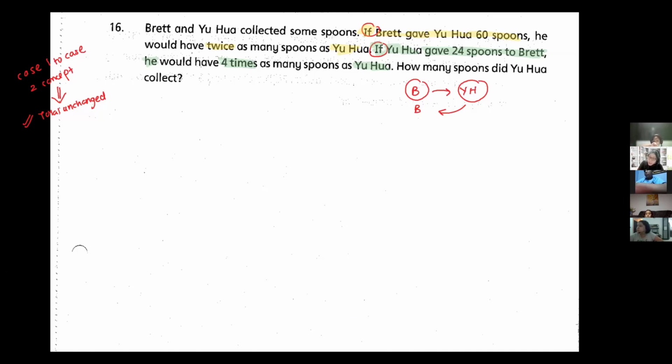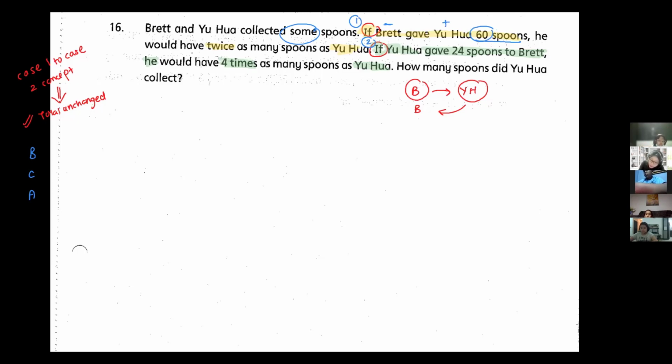Now let's identify the keywords. For the total unchanged concept, you need your before, change, and after. Before, I do not know anything. All I know is some spoons, so my before information is blank. This is my first box, this is my second box. If Brett gave Yuhua 60 spoons, Brett is minus, Yuhua is plus 60.